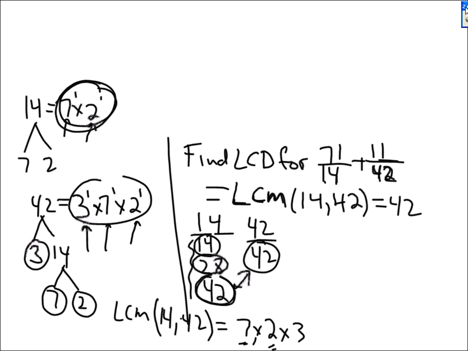I look for the highest power of 7 that came up. There was only one power of 7. The highest power is 1. Between 1 and 1, 1's the largest. For 2, the powers are 1 and 1. The largest one is 1. I look for powers of 3. The only power of 3 I see is 1. That's the largest one. So the answer is 7 times 2 times 3.